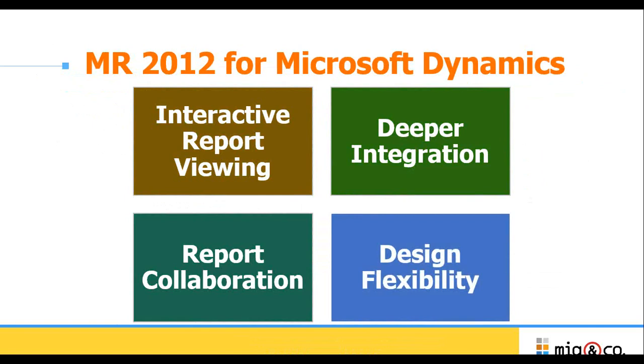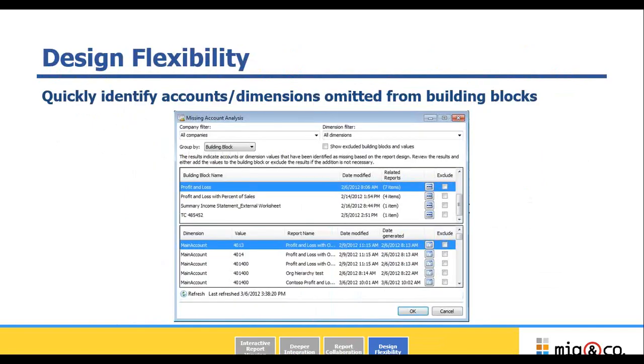Design flexibility is the next thing. You can quickly identify your accounts and dimensions that have been omitted from your building blocks so that you can easily tell if something has been left out.